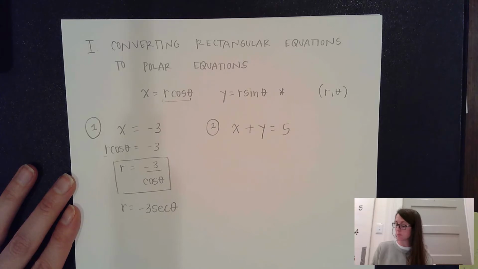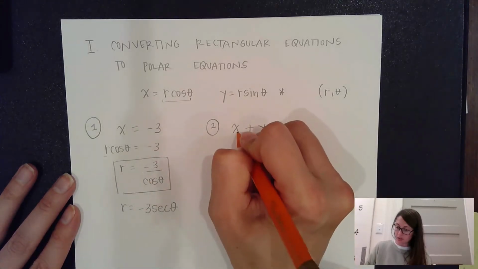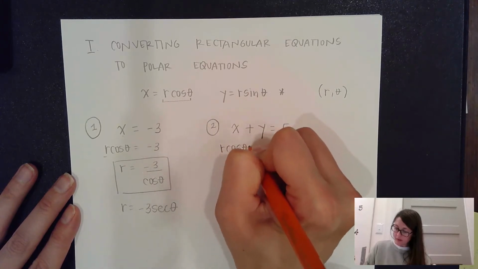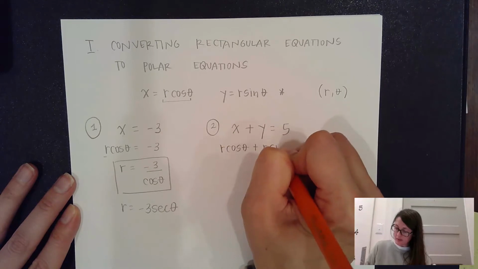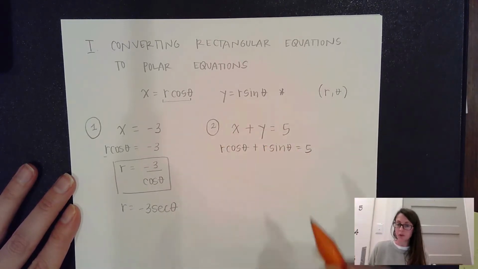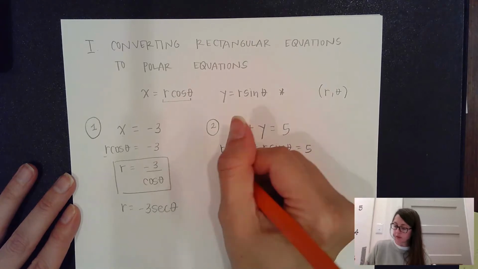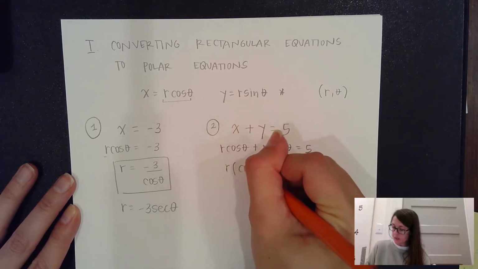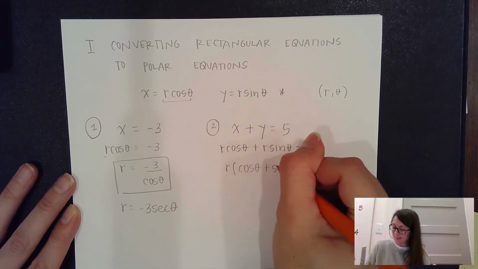Okay, so what about this one? We can use both of those pieces of information. So x plus y is going to be the same thing as r cosine of theta plus r sine of theta. We want to solve for r, so we can factor out the r, leaving cosine of theta plus sine of theta.